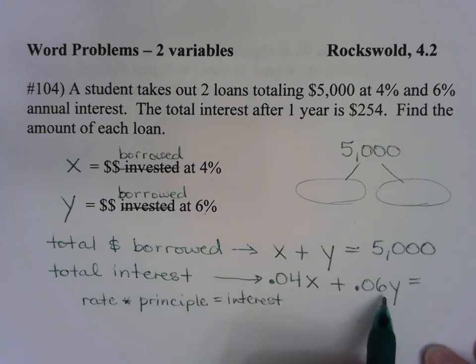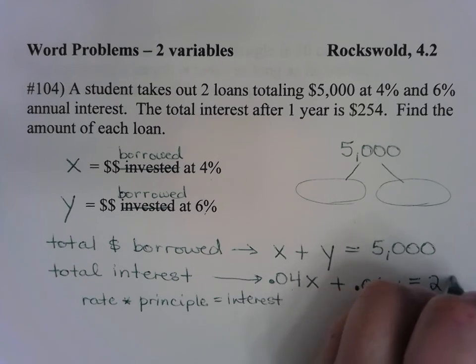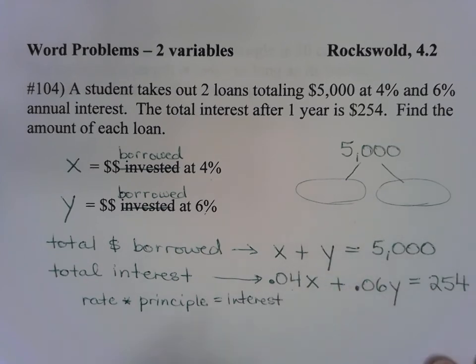That's interest plus interest, which must be equal to the total interest. We're doing just 1 year, which would be 254. Okay, so that's the hardest part for these, is setting them up, right? We took the information that is in the problem and we used it to create two equations.